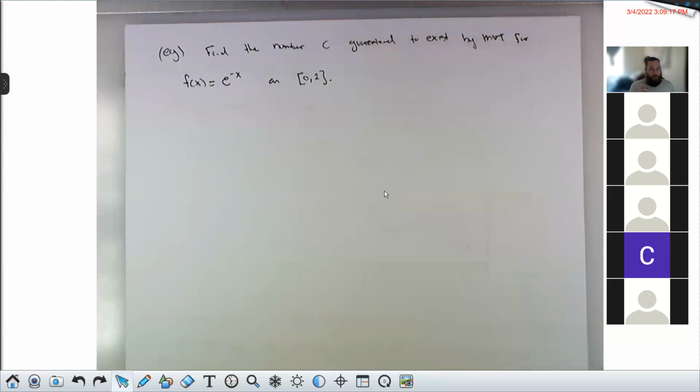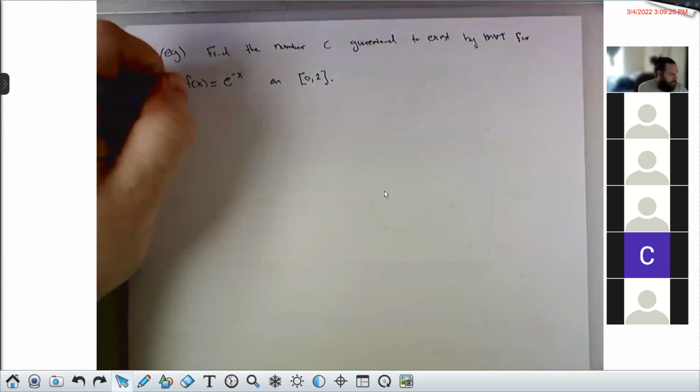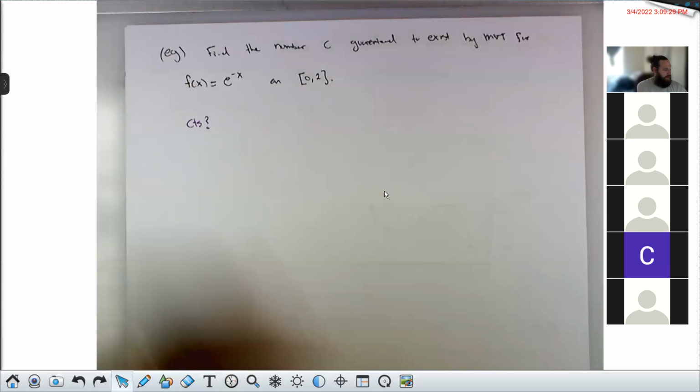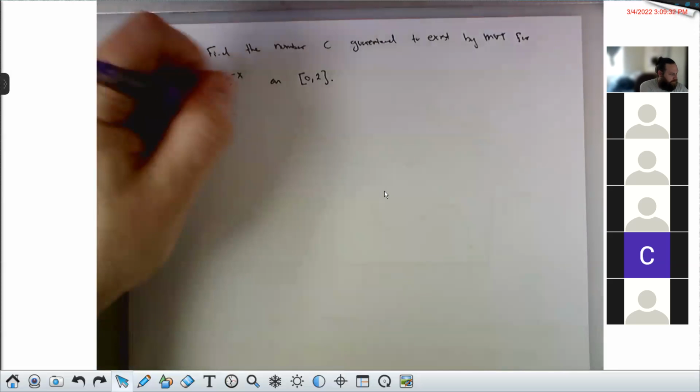First things first, is this function continuous on the interval 0 to 2? If not, then I can't apply MVT. Well, exponentials we know are continuous everywhere.